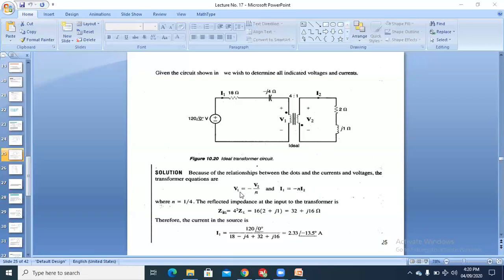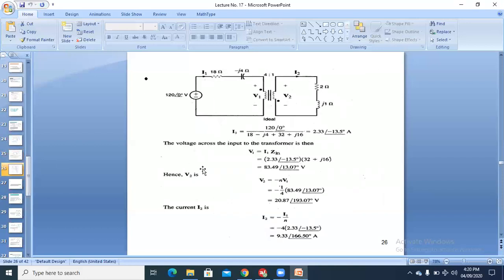and we can also calculate the value of V2 from this V1, which is given here. So this is how we calculate I1, and then we can calculate V1 as I1 Z in.